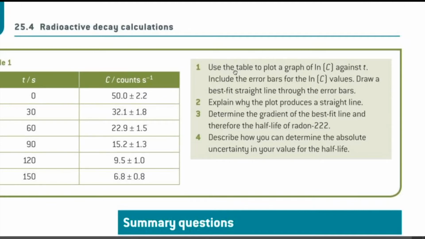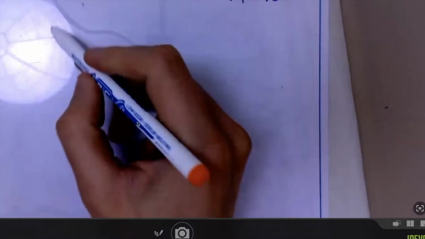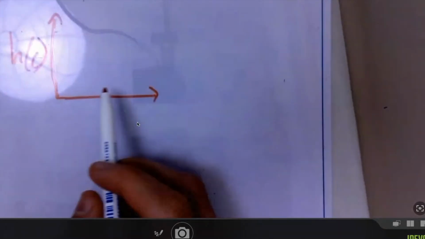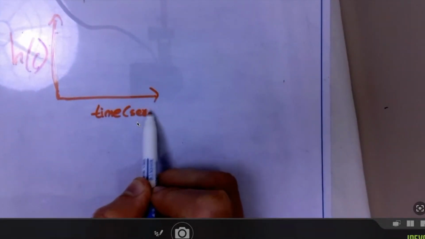So what is it telling us here? It says use the table to plot a graph of log C against T. All I'm going to do now is just sketch what it should look like. Your y-axis is obviously going to be log C, and time here in seconds.